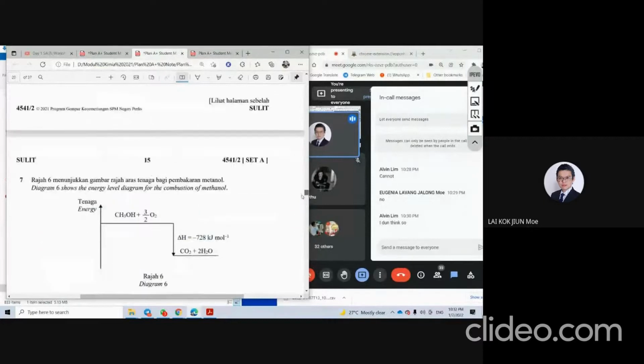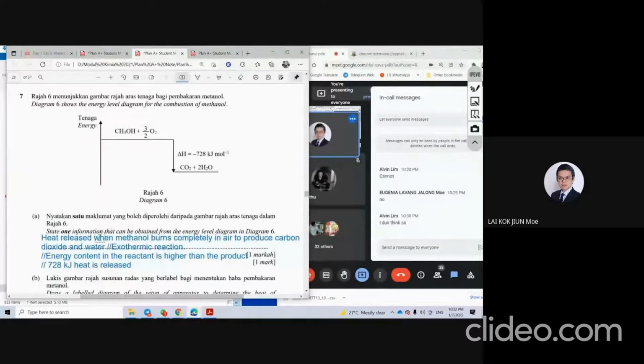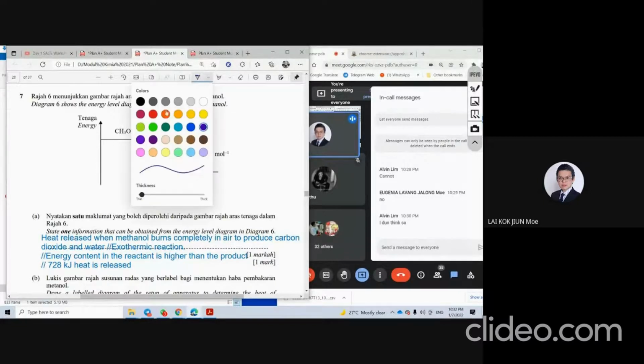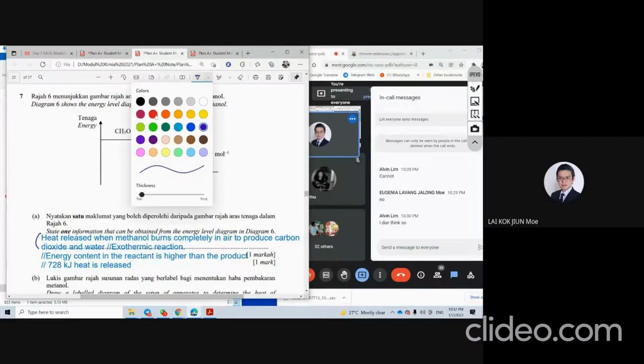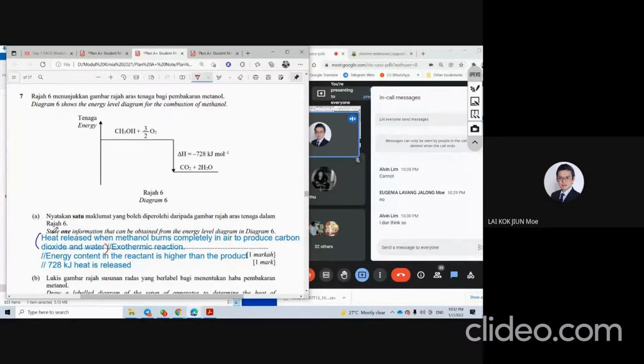For question 7, you see, the information that can be obtained from the energy level diagram, you have to explain, 1 mark. So this one no problem for you because you can say heat is released, no problem. Or you can say it is an exothermic process.